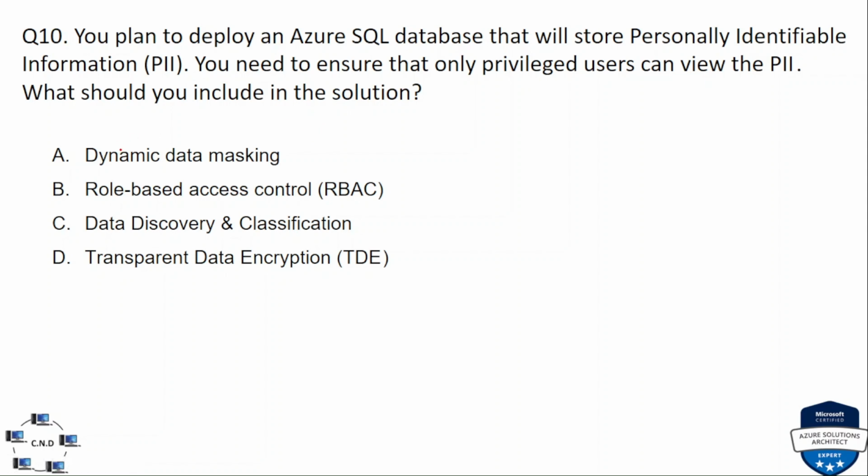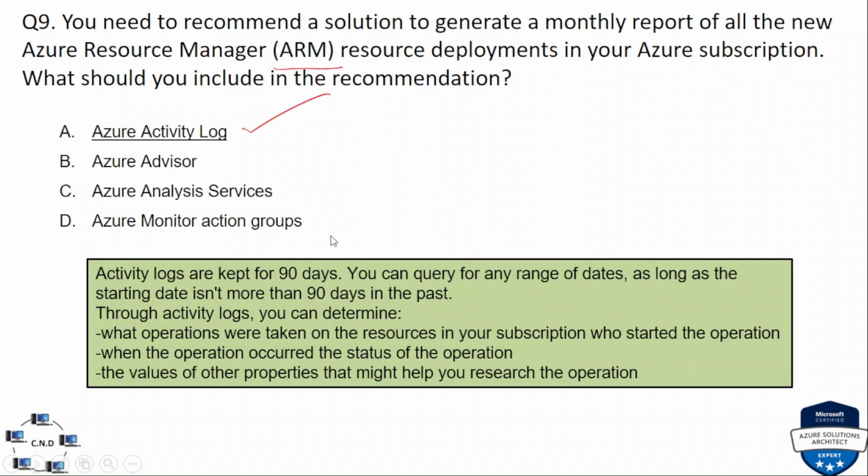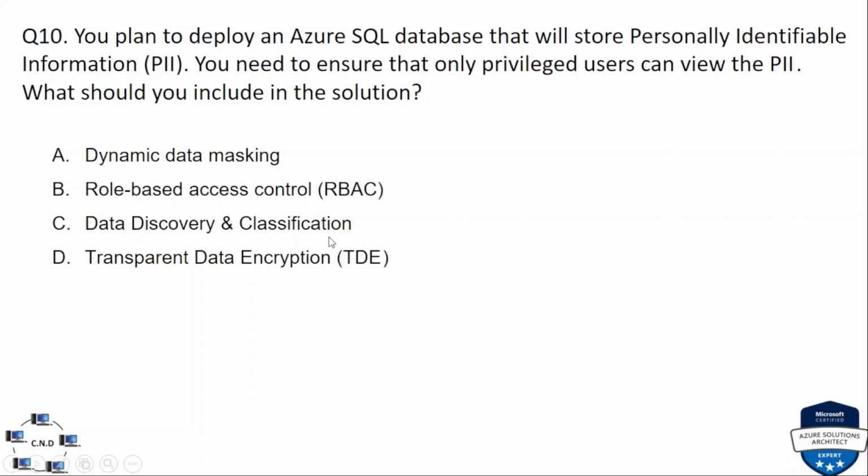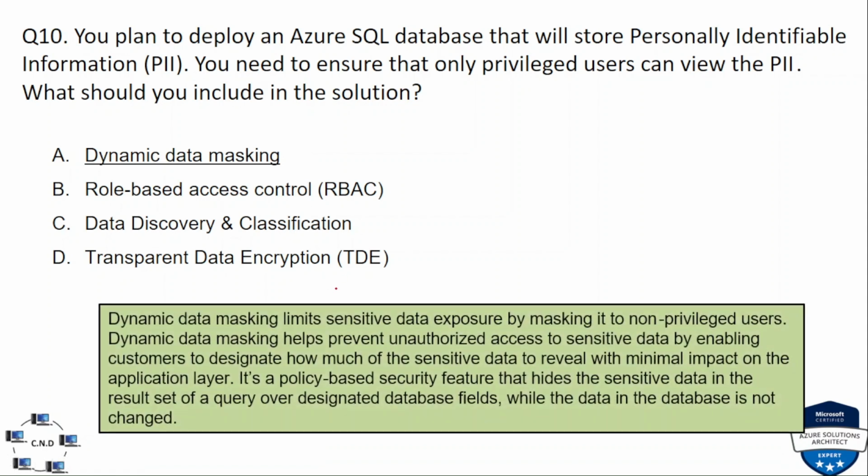And the options are A. Dynamic data masking, B. Role-based access control or RBAC, C. Data discovery and classification, and D. Transparent data encryption. And the correct option is dynamic data masking.